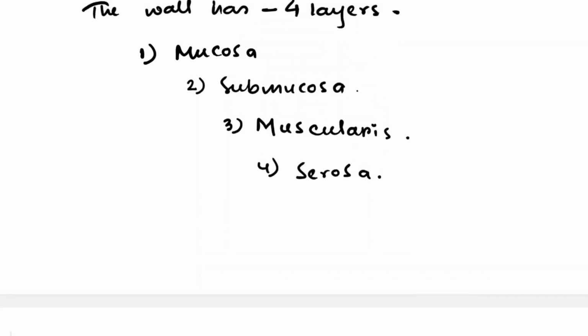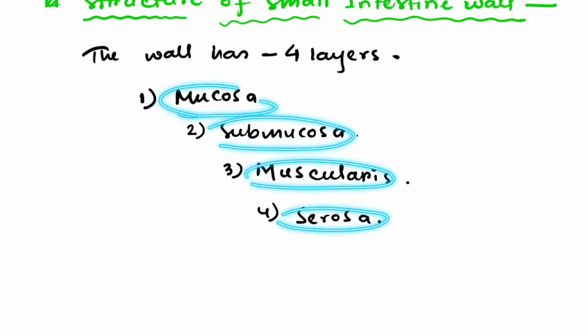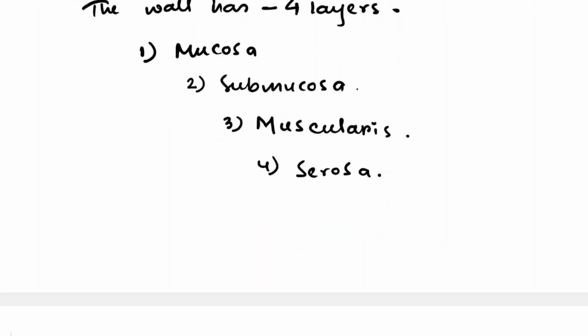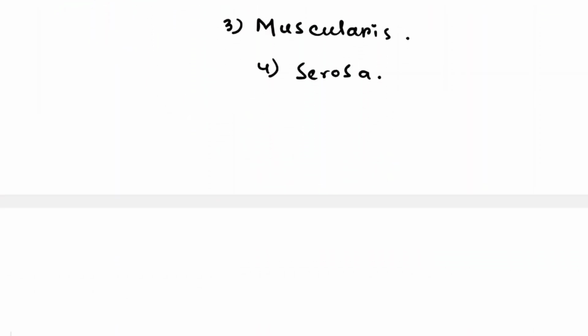So these are the 4 layers: mucosa, submucosa, muscularis, and serosa. In the full GIT you can remember it like this: all the parts have these same 4 layers. Again, one by one we will discuss.